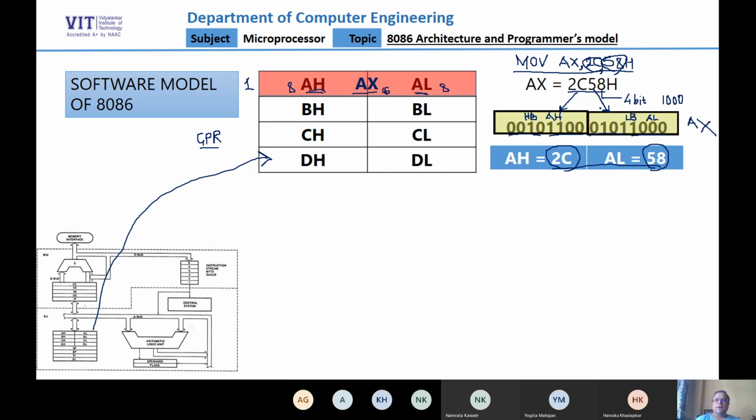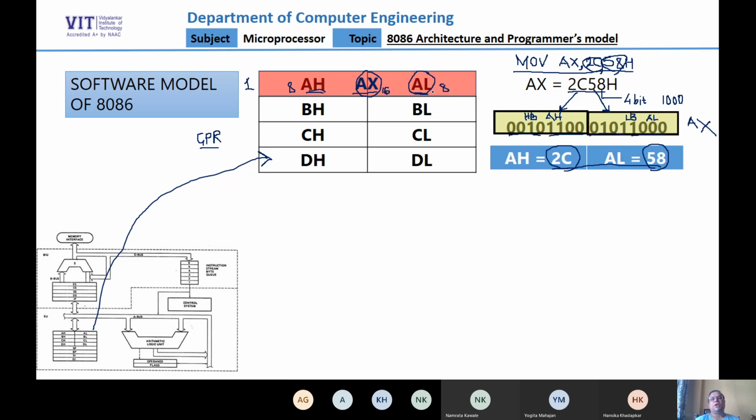Then the second important use of the AX register is in the case of the multiplication instruction. In the case of the multiplication instruction, this is very important. AX or AL is considered as the default operand.